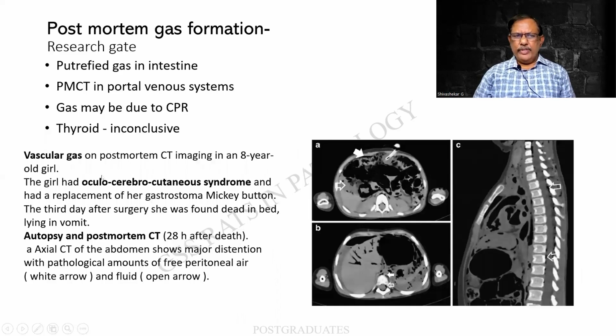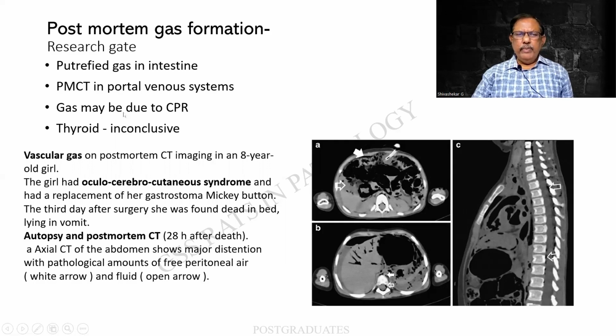Postmortem gas formation. This is one. Probably the text of it is a history, about a girl having oculocerebrocutaneous syndrome, wherein there has been some amount of rupture or whatsoever, and there is gas forming a line. In this one, they did the autopsy and the postmortem CT 28 hours after death.